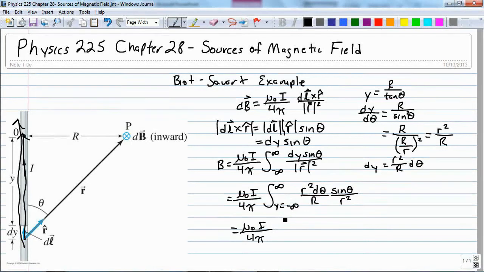And now I'm going to change my limits of integration, and I'm going to be integrating along this length. So I'm going to be going from 0 to pi radians. The r squareds are going to cancel out, the little r squareds, and I'm going to get sine theta d theta over big R.